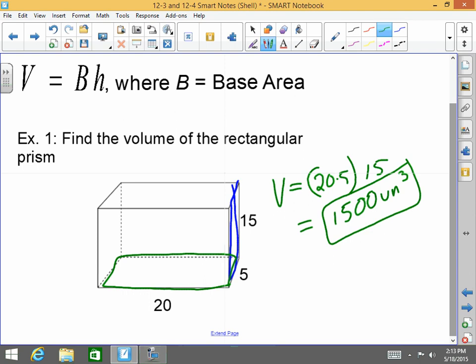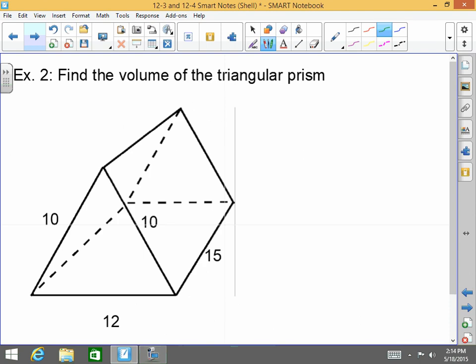Then you need to find the base area, and that's not going to be length times width. So that's why I don't teach length times width times height. That would work for a cube or a rectangular prism. But I don't teach it that way because this can encompass the volume for any prism and any cylinder. Base area times height, literally.